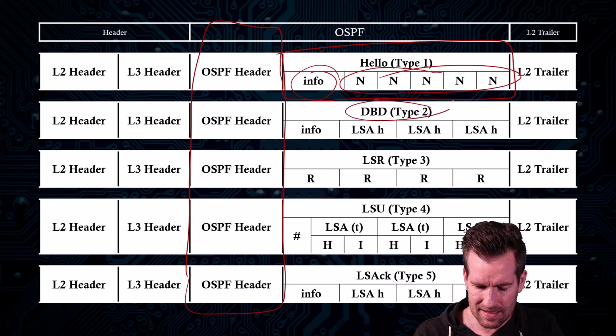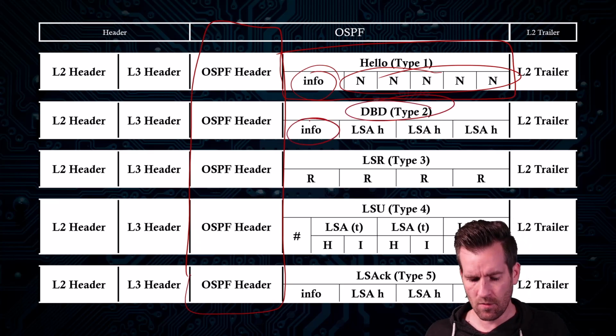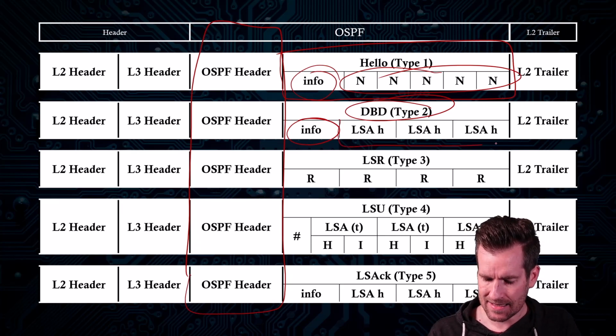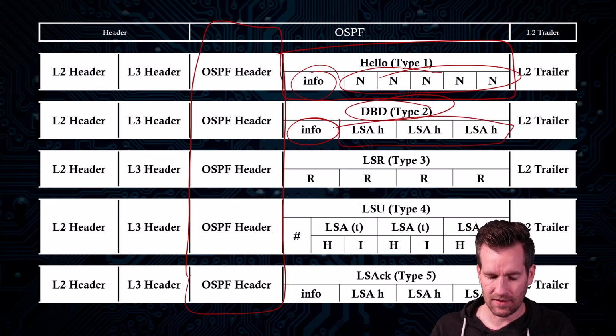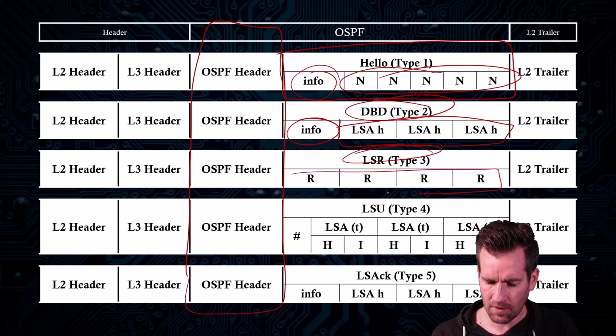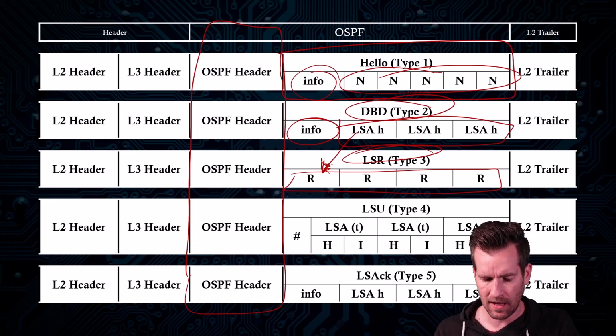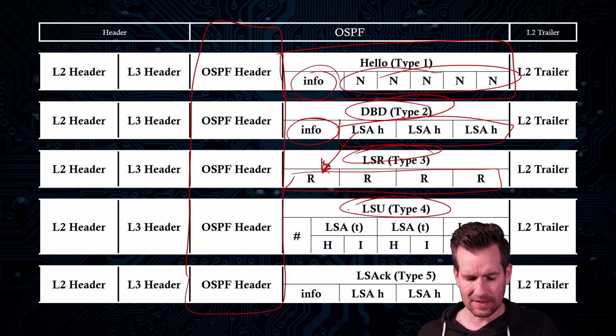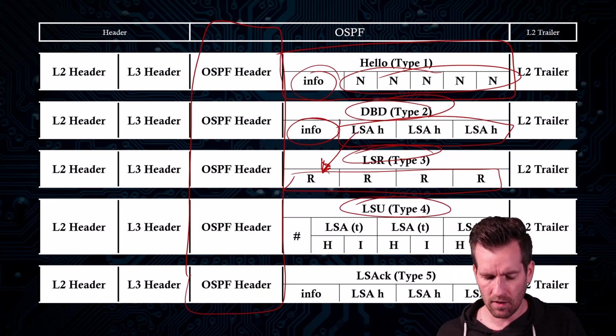We've got the database type, which has some information like the sequence number, and then it has these LSA headers involved in it. We've got the link state request, where it takes some of the information from those link state headers and says, I want to find out more information about that. And then what is sent back is a link state update that says, oh, you wanted to find out more information.